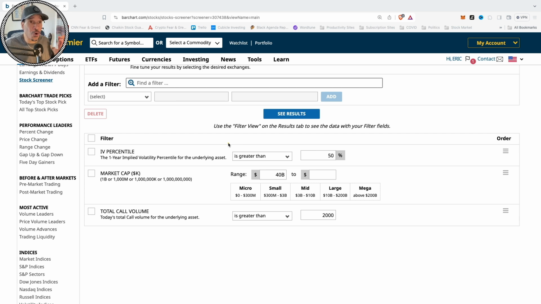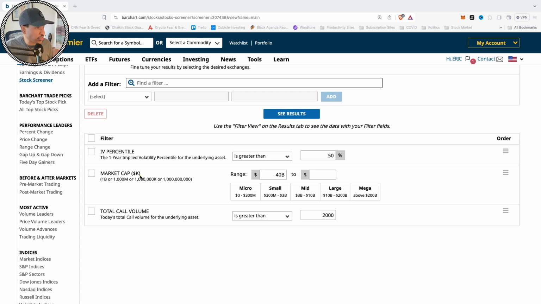And so I'm looking for stocks that have an IV percentile greater than 50%, because the greater the IV percentile, the greater the IV. The greater the IV, the greater the credit for us option sellers.